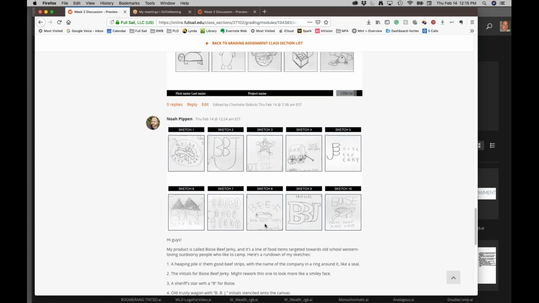I don't know that using a real steak is good for beef jerky, because it makes me think, why am I having beef jerky? I could have a steak instead. But think about the persona consuming this product and what they're like, cowboy wannabe, tough guy. That's where the star maybe works. And maybe you come up with some other fun ideas, but no more type, and save the type for the next step.